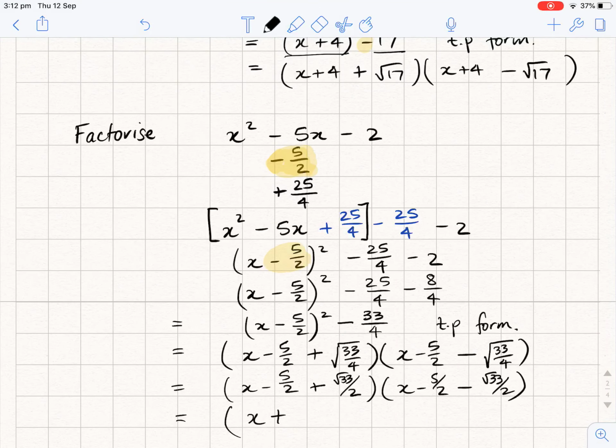I'm going to make it x plus negative 5 plus root 33 over 2, and then x minus 5 plus root 33 over 2. Now that's a little bit tricky. If you can follow what I've done, awesome. If you can't on that very last step, don't stress too much at this point in time. Okay.